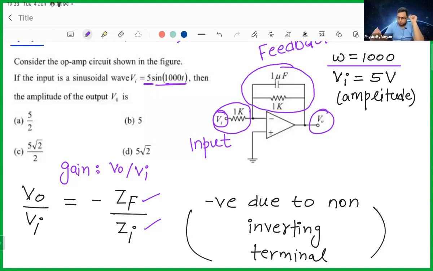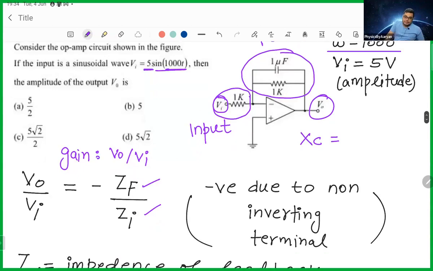All you need to know is the resistance of the capacitor. The resistance of capacitance is 1 by omega C, and that is known as capacitive reactance or impedance. And if someone asks you about the phase, then you multiply by j. j is a complex number, iota. So in electronics, iota is represented by j.